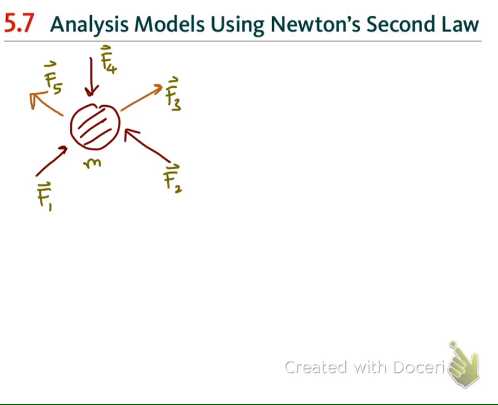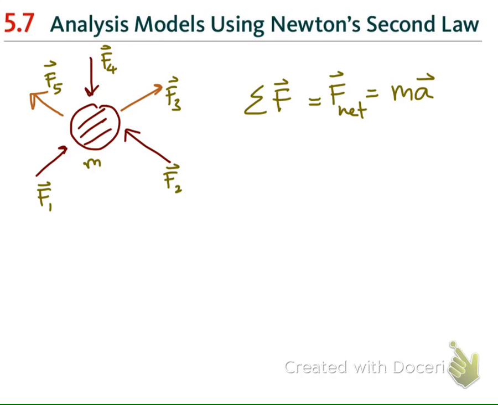So from the second law we can have the relation between these forces and the acceleration as the summation of the force, or the net force, is equal to m times a.